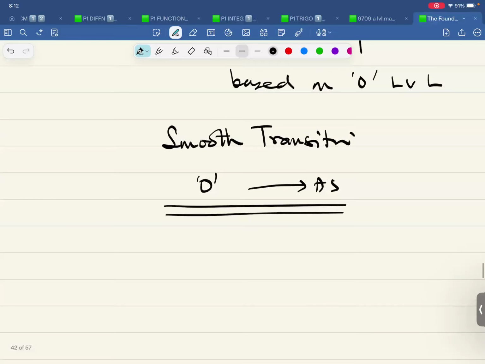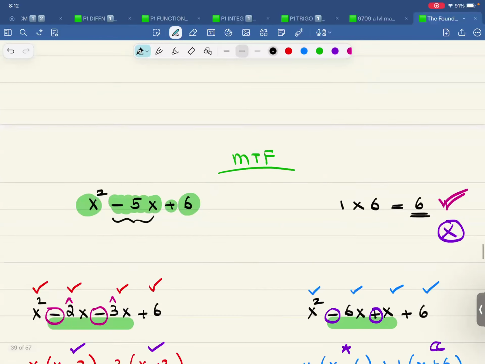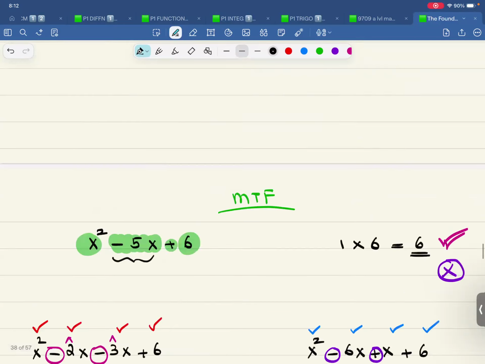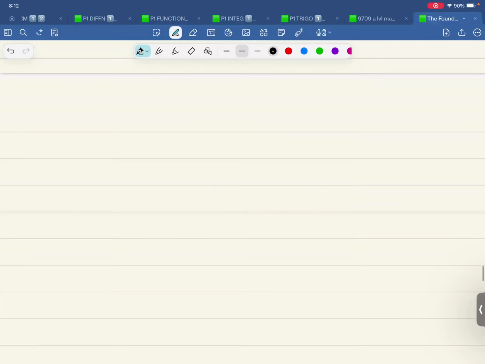Okay, ji. So now this thing is done. So I talked about these 4 things: factorization by grouping, factorization by common, middle term breaking, difference of two squares. Now, how will they use it? They will use it like this also. A power 4 minus b power 4 can be written as a square squared minus b square squared.